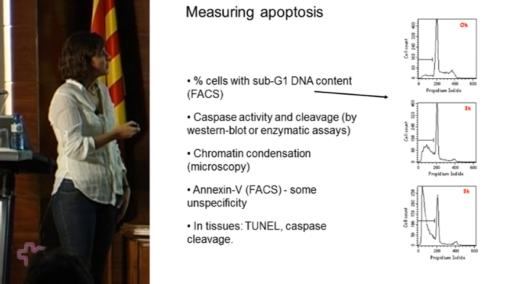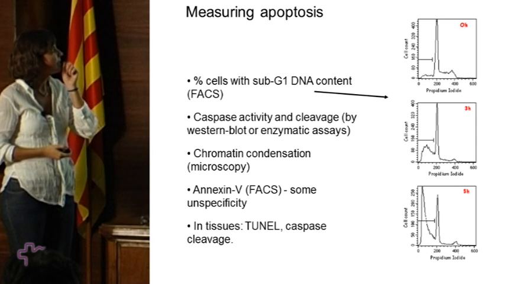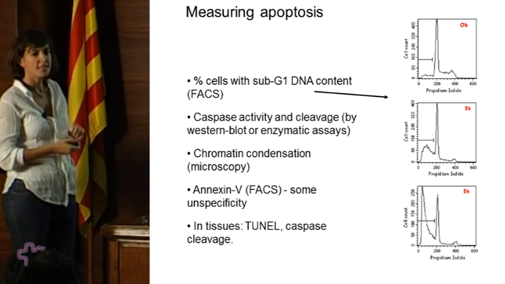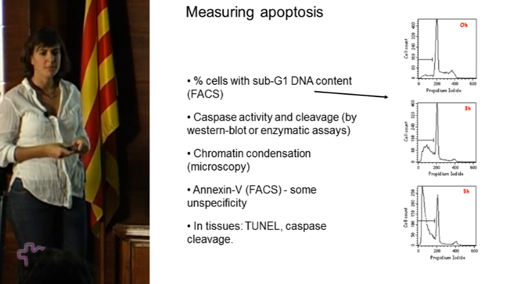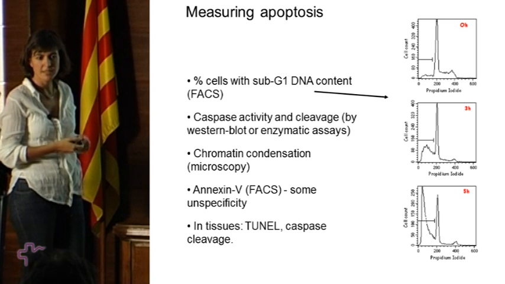I just want to point out the method that we use mostly in the lab to analyze apoptosis and to distinguish it from necrosis. This is a profile of cell cycle of cells that have been fixed when we incubate them with propidium iodide. Cells in G1 are here, cells in S are here, G2 are here. So everything that's left is cells in sub-G1.